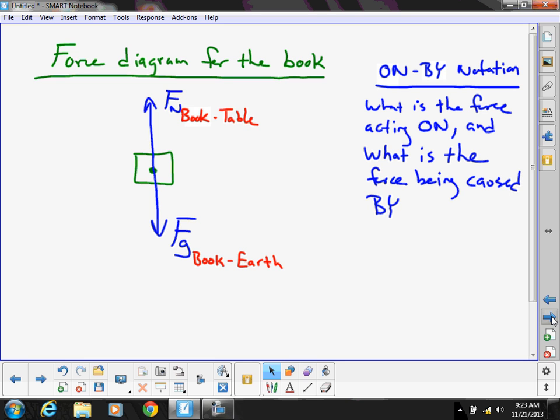It allows us to utilize the ideas from Newton's third law, where the forces acting between two objects that are interacting would be equal in size but opposite in direction. So we do the interaction diagram to look at all the interactions between all the objects involved in the situation that we're analyzing. We choose the one object that we want to analyze, and then we can take those interactions and translate them to a force diagram.